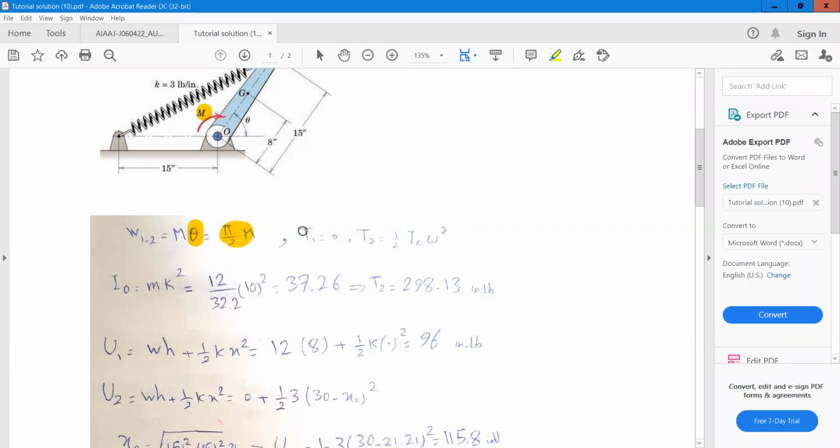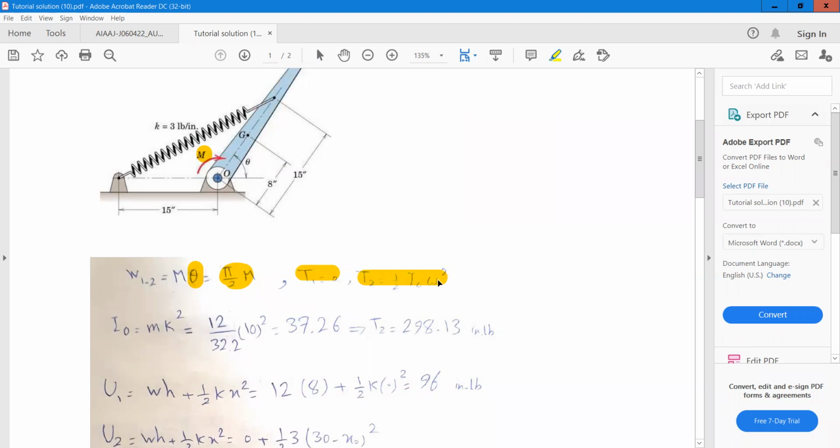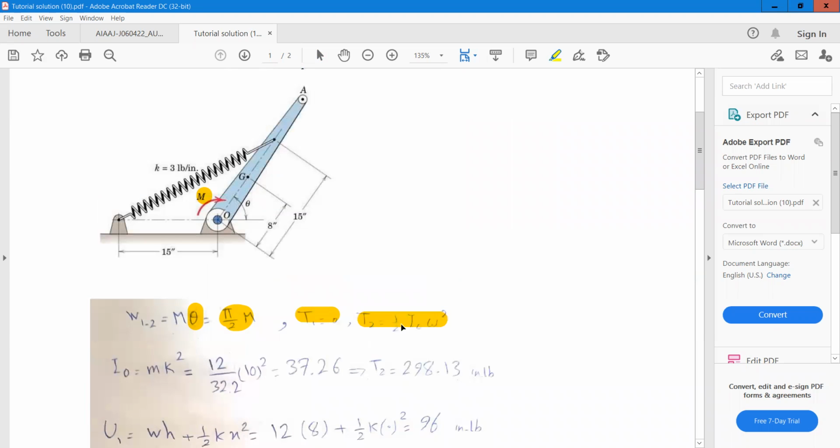The initial kinetic energy is equal to 0 because it starts from rest. The final kinetic energy is equal to half I_O omega squared. This is a rigid body in pure rotation about O, so the kinetic energy is half times the mass moment of inertia about the fixed point O times omega squared.